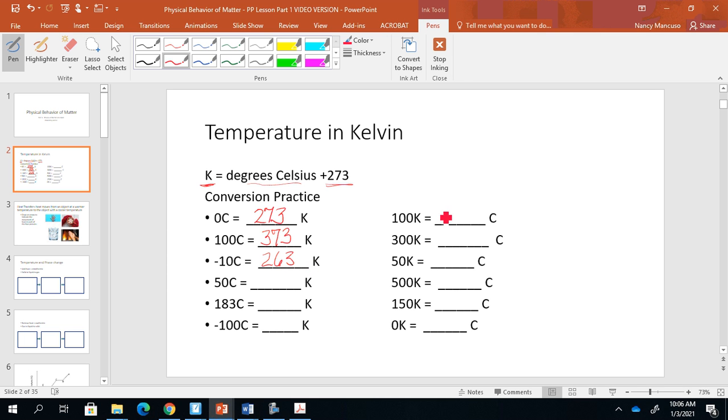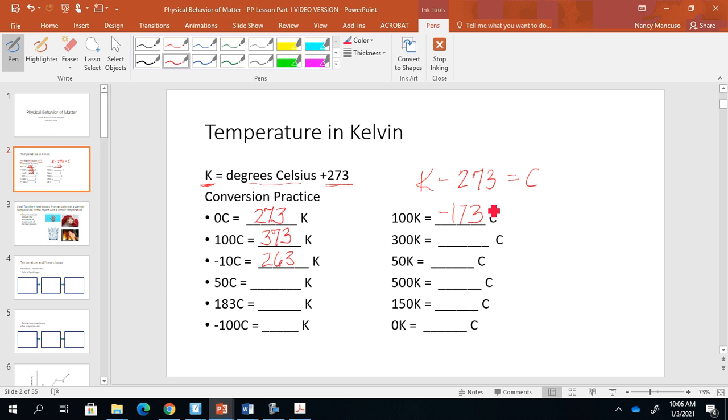Now I'm going to do a couple over here. This time, to get this side, you have to go K minus 273, which gives you Celsius. If I take 100 and I subtract 273, I get negative 173. And that makes sense.